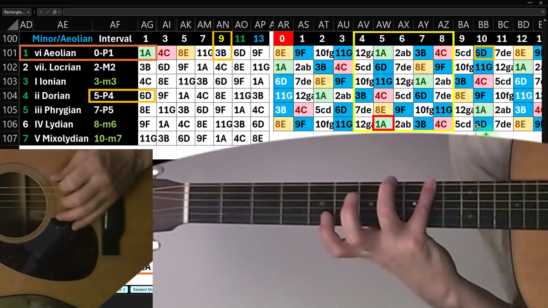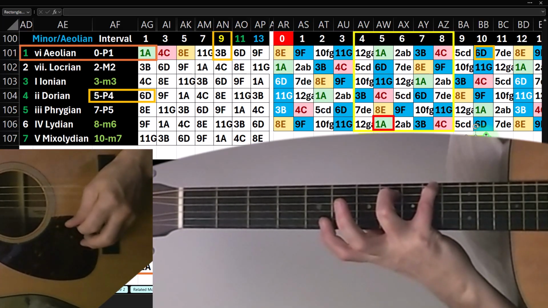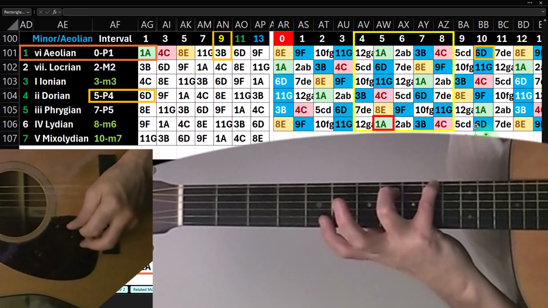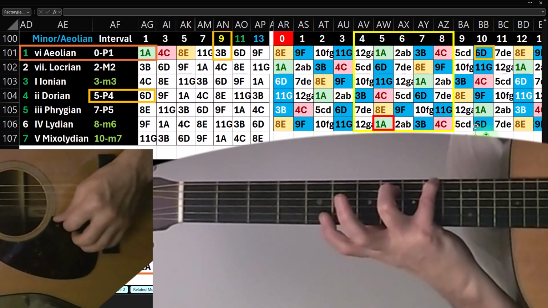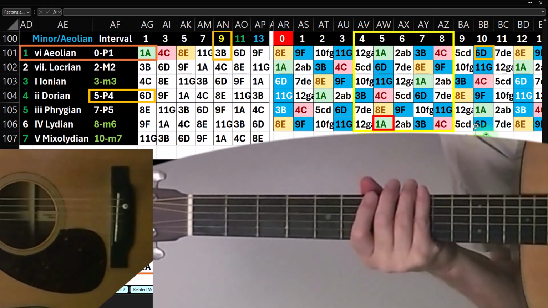There we are. So from this D to that A is going to be a 7-note away perfect fifth. From the A to the D, therefore, would be a 5-note away perfect fourth.